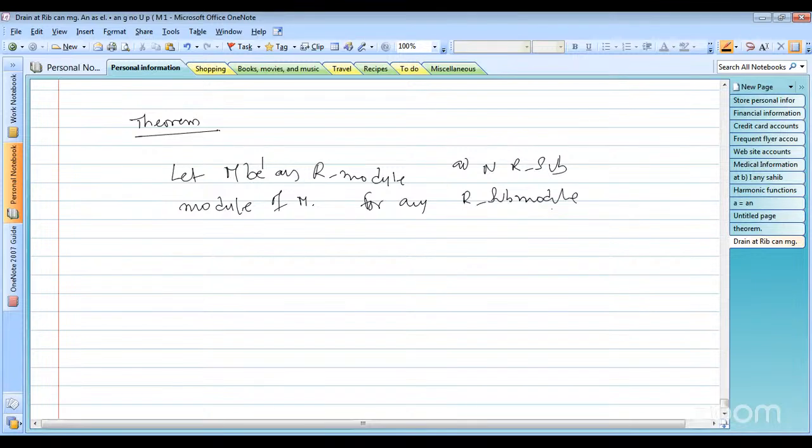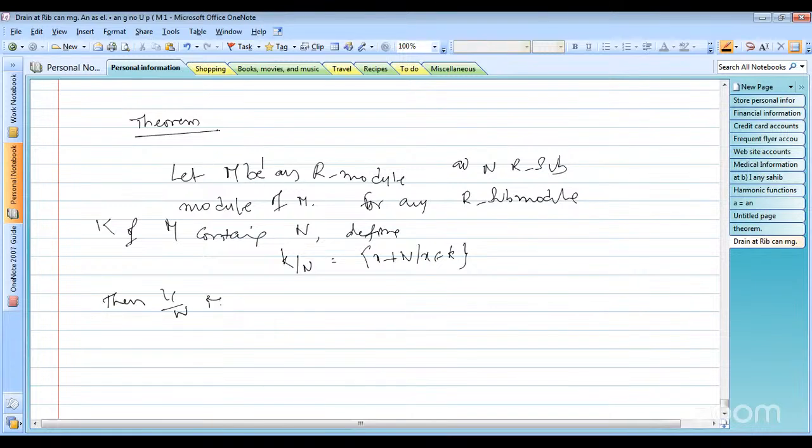For any R submodule K of M containing N, K by N is equal to x plus N where x belongs to K. Then K by N is a submodule of the quotient module M by N, you know that. I'm writing that, K by N.